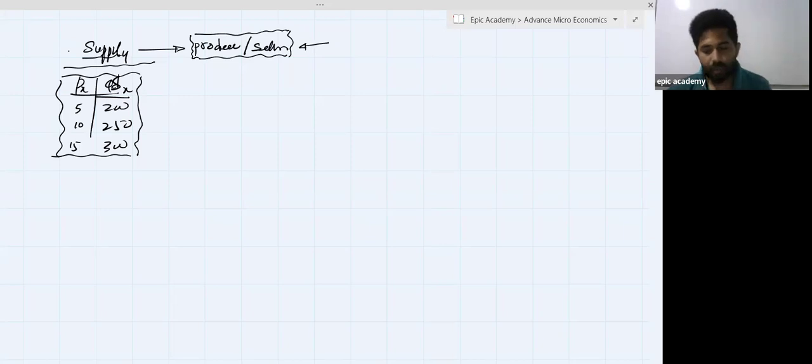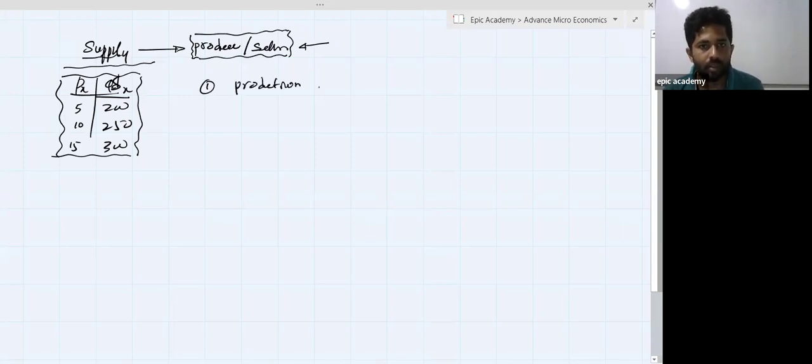Then we have to identify the basic elements related to supply. If you are a producer, if you are a supplier, you are going to consider these basic factors related to supply. First one is production ability. Just consider if any producer has a higher level of production ability, what will happen to their production amount and supply amount?